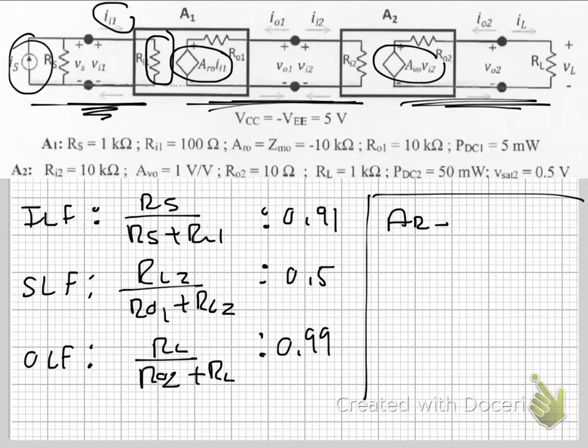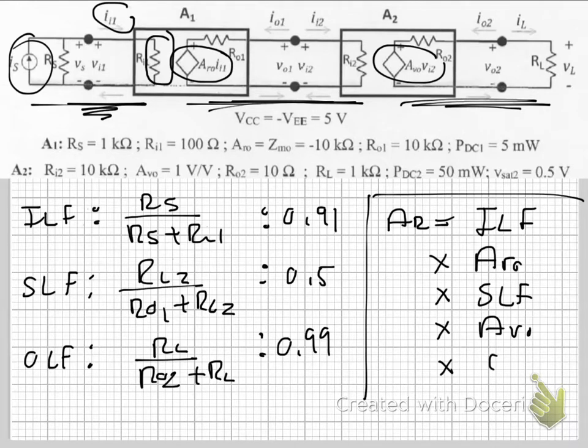A of R is equal to the input loading factor multiplied by the gain A of RO, multiplied by the self-loading factor, multiplied by A V of O, multiplied by the output loading factor. And all of this gives you a value of negative 4.5 kilo ohm.